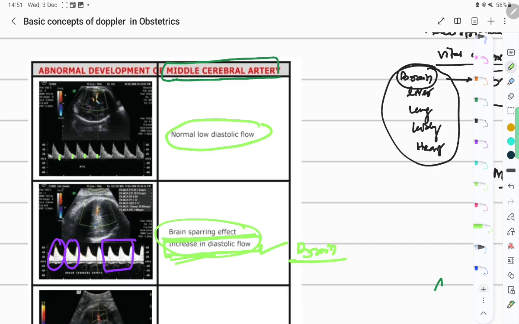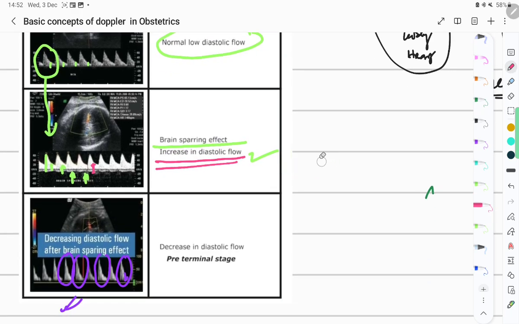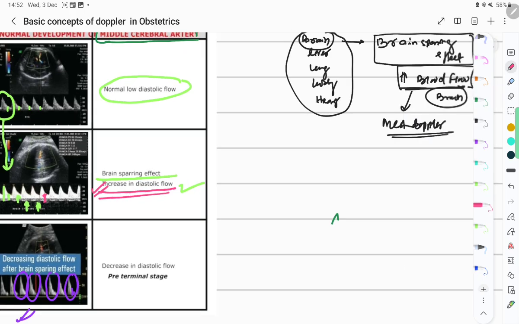Increased diastolic flow means, see, this is the systole and this is the diastole, from here to here. The diastole has been increased. To increase the blood supply to the brain, there will be increased diastole, so increased diastolic flow in MCA Doppler.